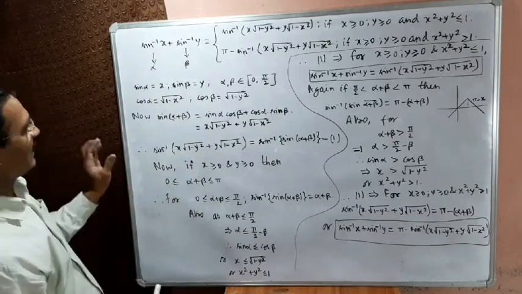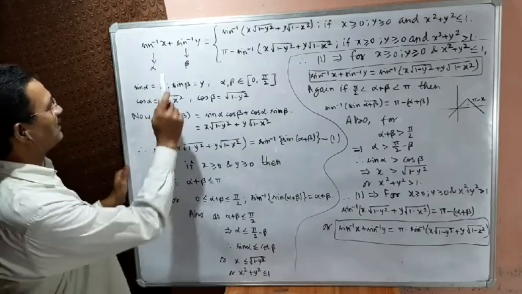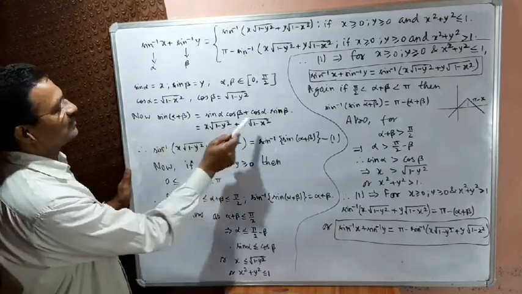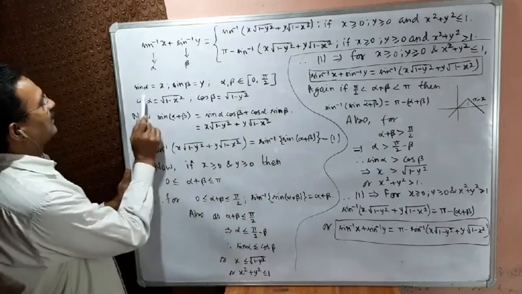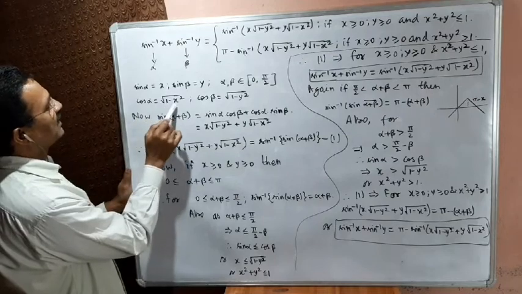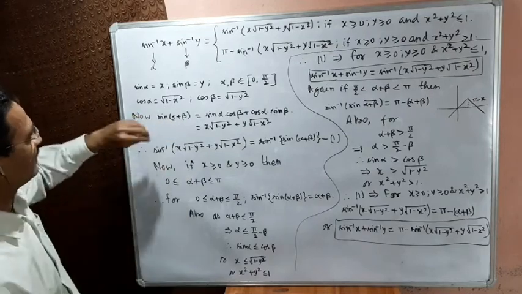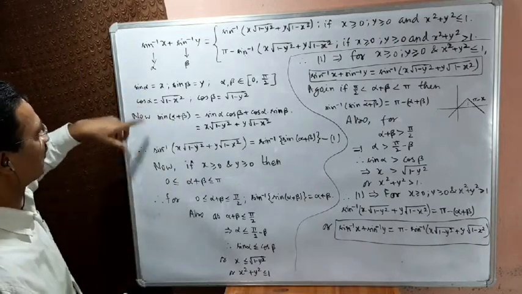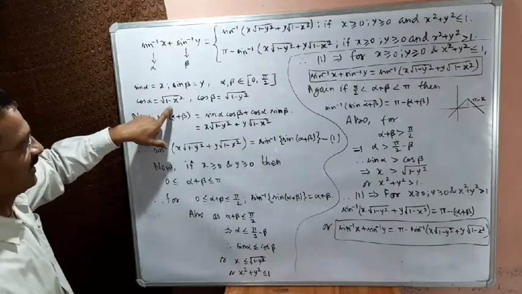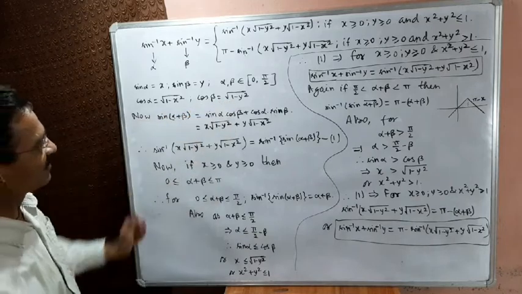Now we have to derive the formula. Therefore, we will use the formula for sine of alpha plus beta, and it requires cos beta and cos alpha also. Therefore, we find the value of cos alpha, which will be under root 1 minus x square. You can understand that alpha lies in the first quadrant, therefore cos alpha will be positive, therefore the positive square root of 1 minus x square. Similarly, cos beta is under root 1 minus y square.